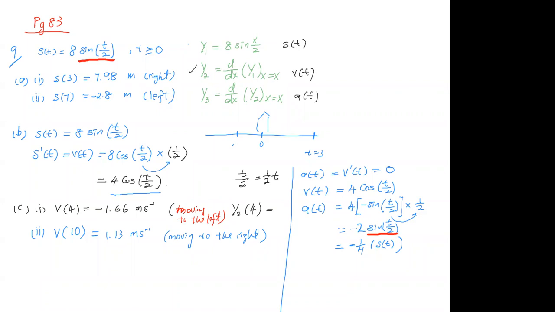So that's why they say, show that the dog speed is maximum when it is moving past the kernel. So that means I'm talking about AT equal to 0. That means sin T/2 equal to 0.